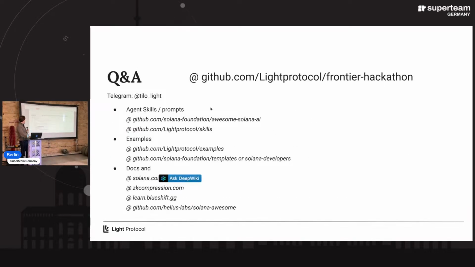Here are a few agent skills as well. Another tool I want to highlight is this button here, which is Ask Deep Wiki. Deep Wiki is a really powerful tool where you can index any public GitHub repository.